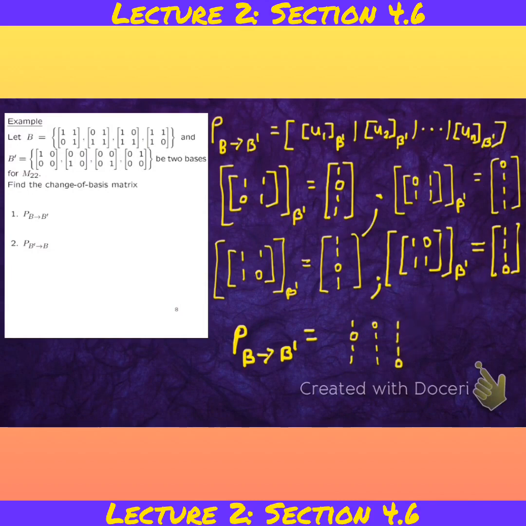So there's my third column. And my last column becomes that there. Right, so my change of basis matrix then becomes that matrix there.